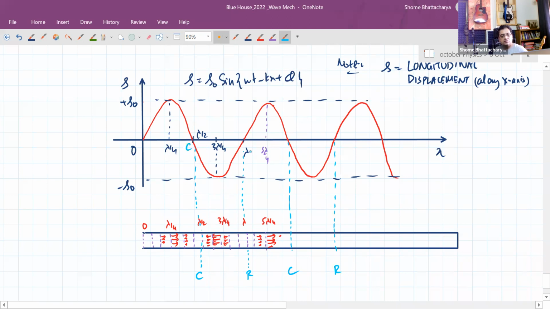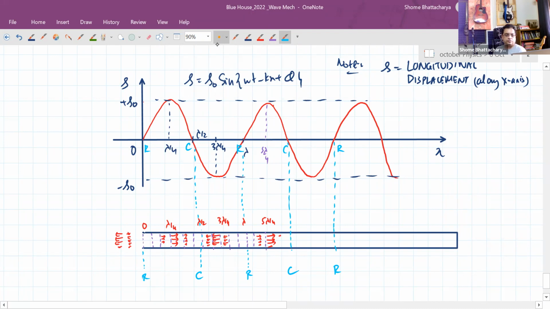So the compression rarefaction in this case, you see the sequence how it is.